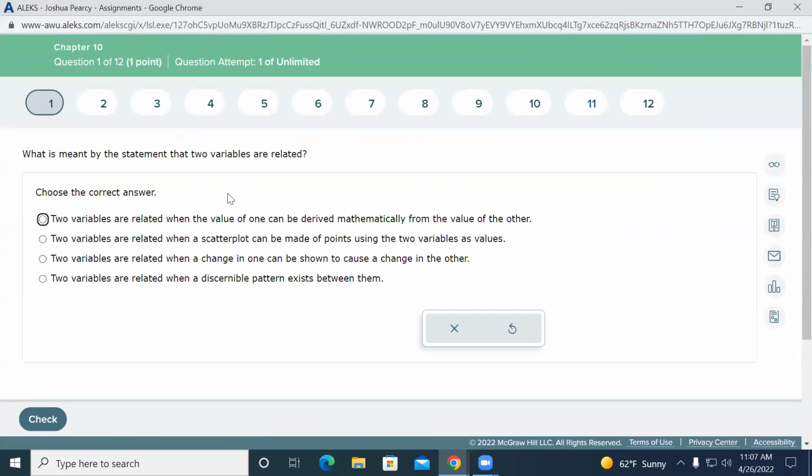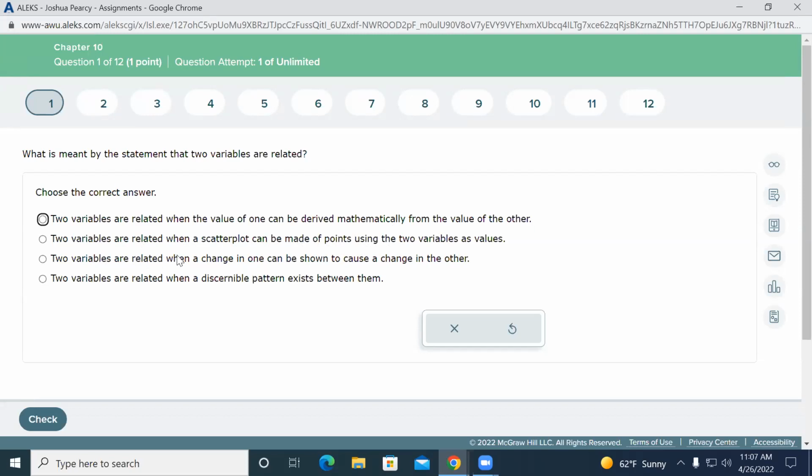Okay, so I'm pretty sure this question will change for some of you. What is meant by the statement the variables are related? Choose the correct answer. Two variables are related when the value of one can be derived mathematically from the value of the other. Two equations are related when a scatter plot can be made of points using two variables as values.